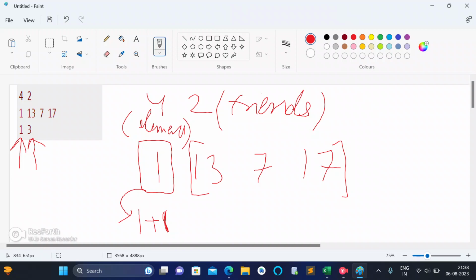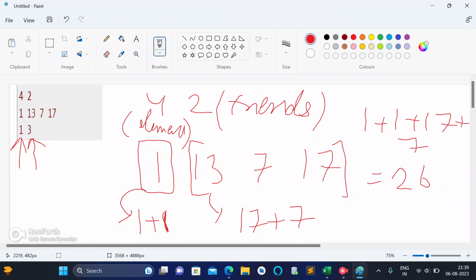If I give 13, 17 and 7 to the second friend, the maximum is 17 and the minimum is 7. So our answer becomes 1 plus 1 plus 17 plus 7, which is 26 only.